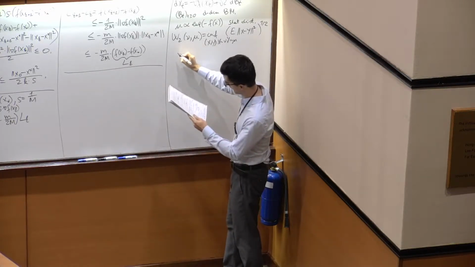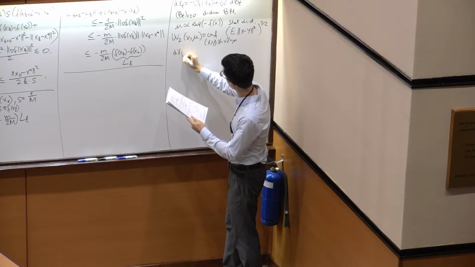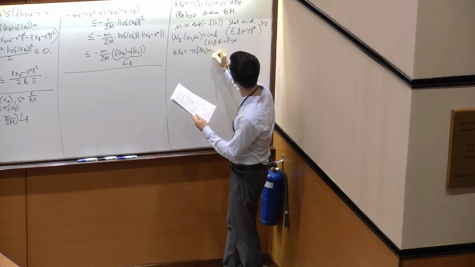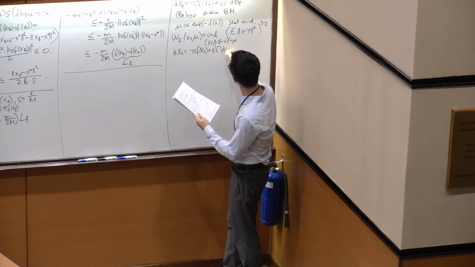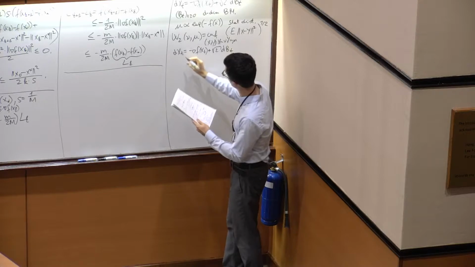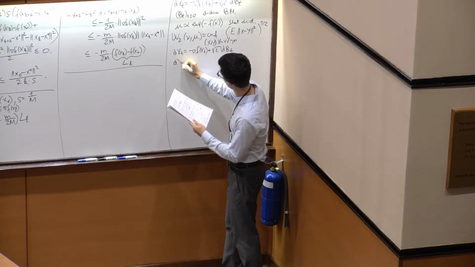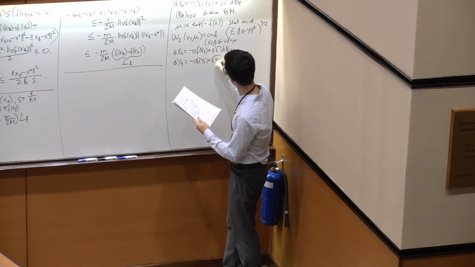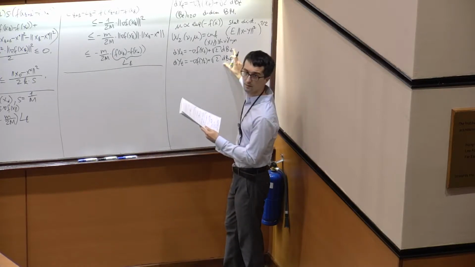So let dXt be a Langevin diffusion, and dYt is also a Langevin diffusion, and they use the same Brownian noise.